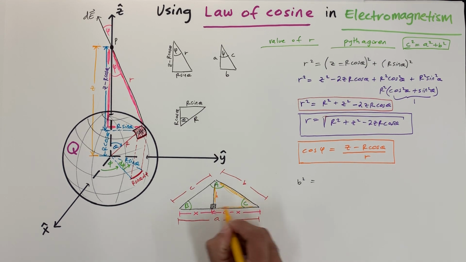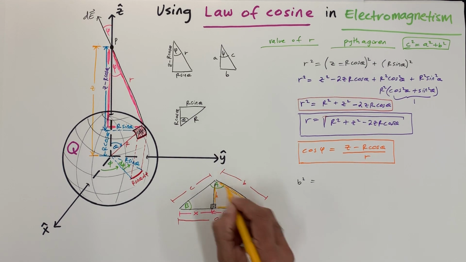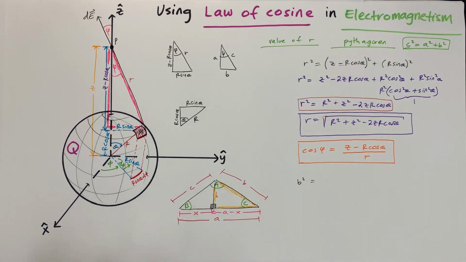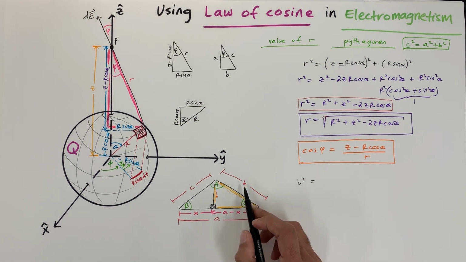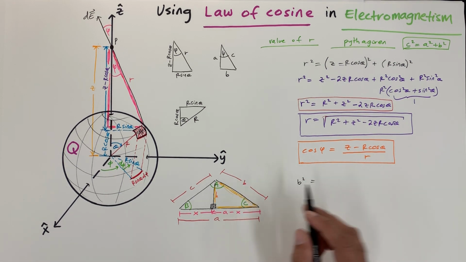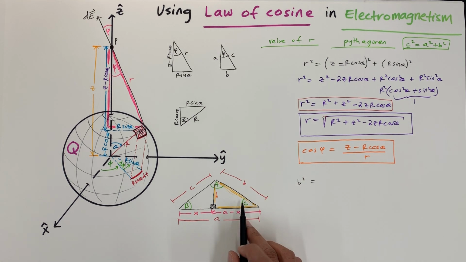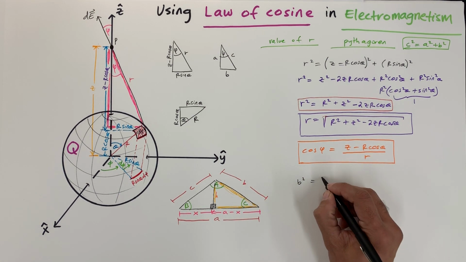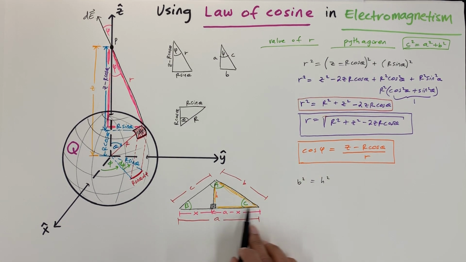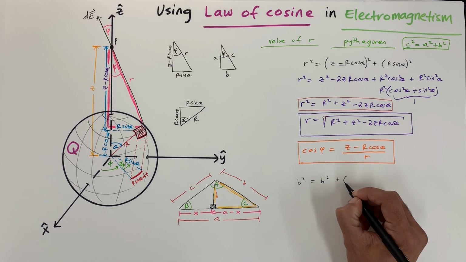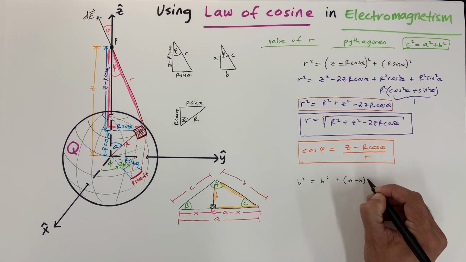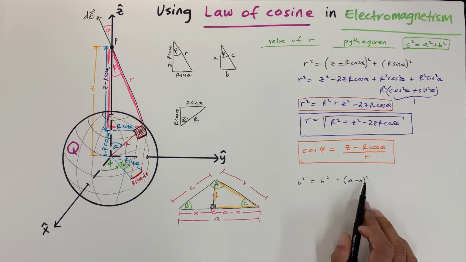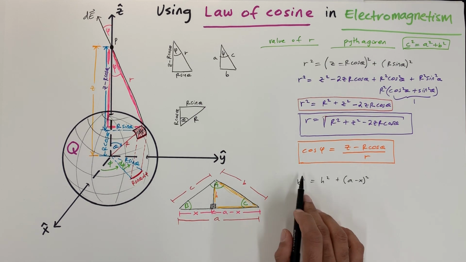This yellow triangle right here is what we're going to be working with. So we have b squared, which is the hypotenuse, equal to h squared plus this bottom here squared, a minus x squared. So all the sides of the triangle squared, and then the hypotenuse squared.